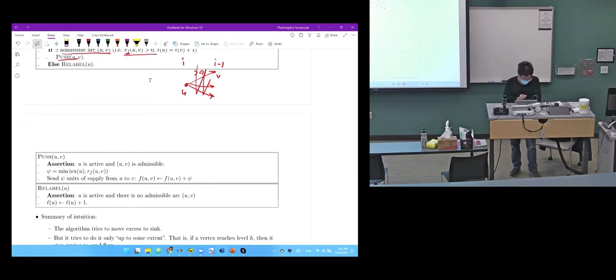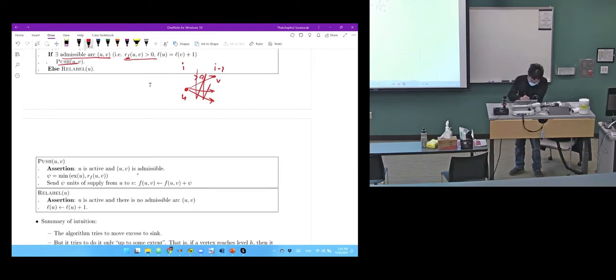So if there is such an admissible arc, then you push something more than 0. Pushing just means sending flow from U to V by this amount. And how much is that?